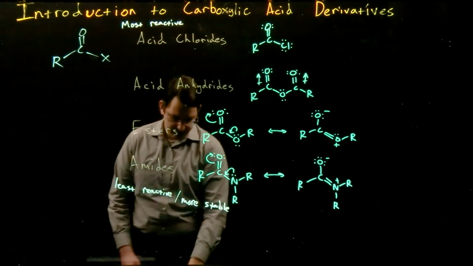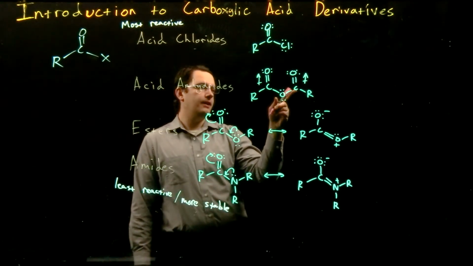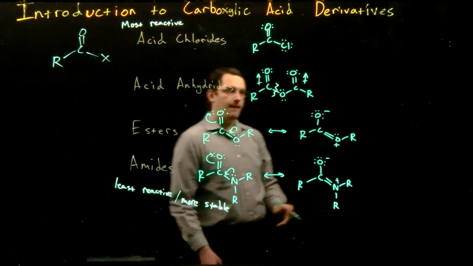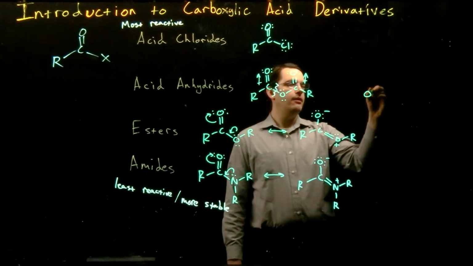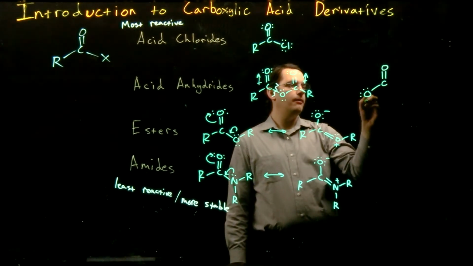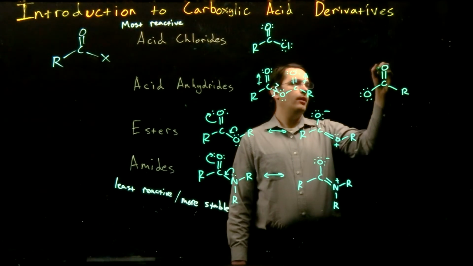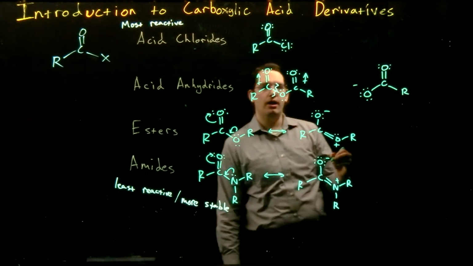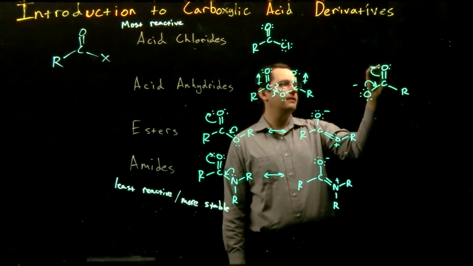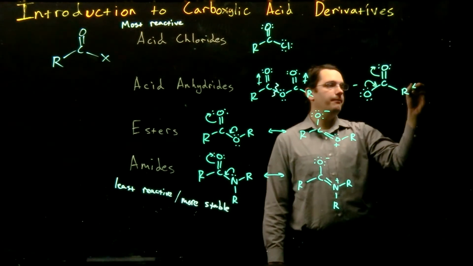Another way of looking at this is if we break our acid anhydride, let's say we were to break this bond here, our other half would now form a carboxylate, where we have this negative charge that can be easily stabilized by resonance between our two oxygens.